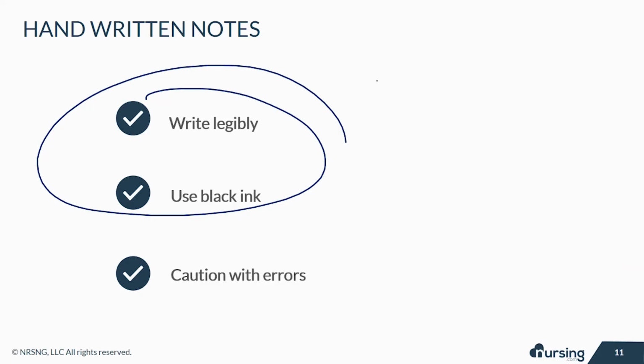We all make mistakes, okay? And it's okay to do that as long as you find it and you correct it. So if you're writing a medication, say, but you put the wrong dose or the wrong frequency, okay? When you make this error, whiteout is not permitted. You should not own whiteout.